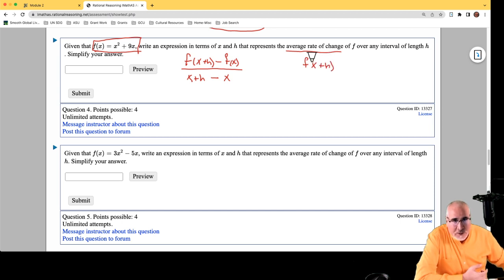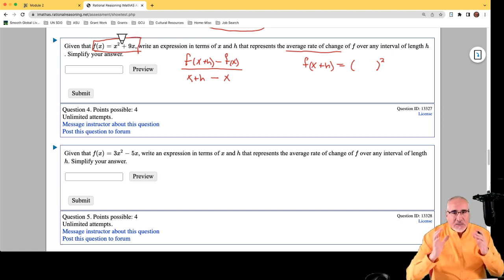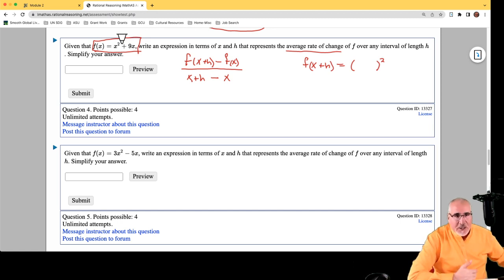So what is f of x plus h? Well, the function is x squared, so I write that as big parentheses squared. So that's x squared, right? I just have changed my x into a big open parentheses, which is a perfect symbol for an input because it's got a lot of space to put something, plus 9 times the input.